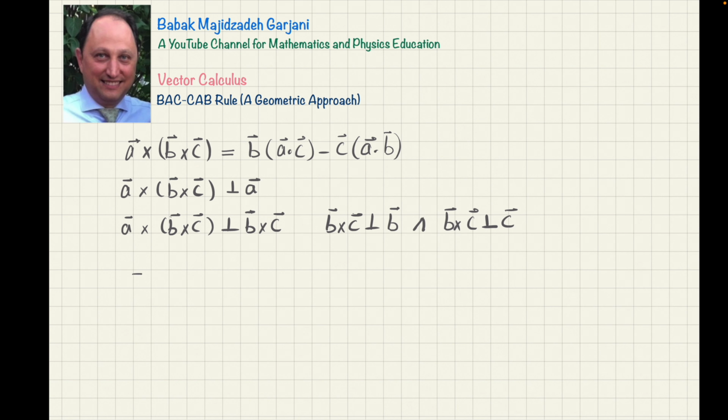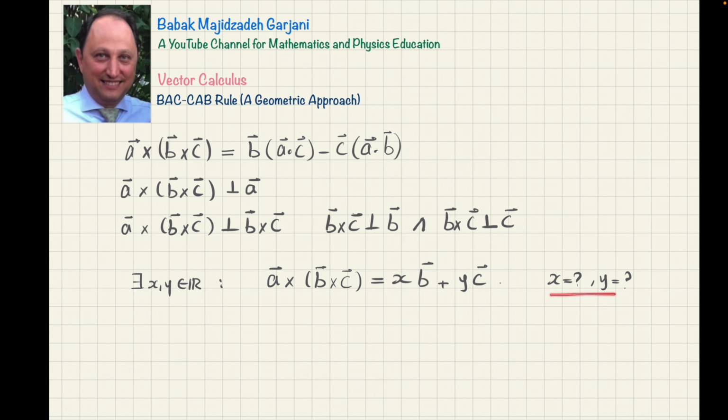So this means that there exist x and y in the set of real numbers, so that A cross B cross C is equal to some number x multiplied by B plus another number y multiplied by a vector C. The whole point is, what is x and what is y? We want to find them.